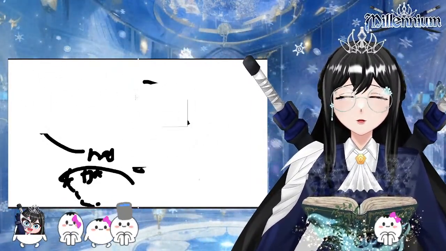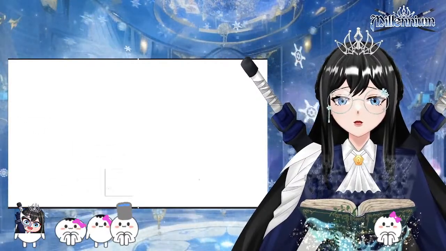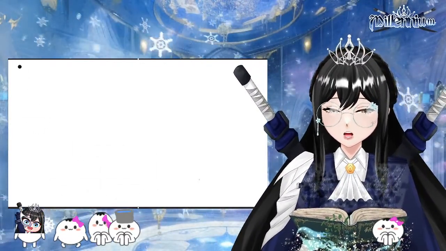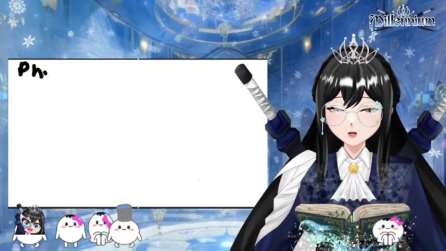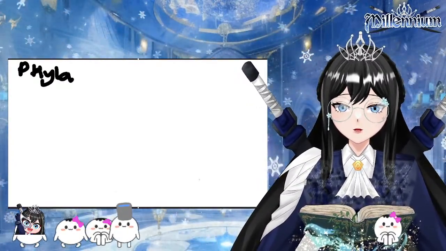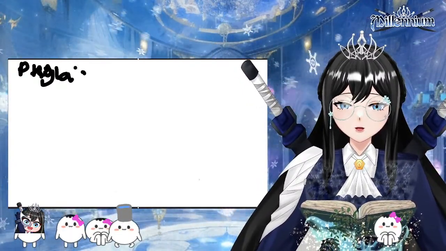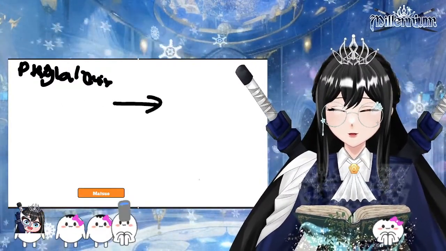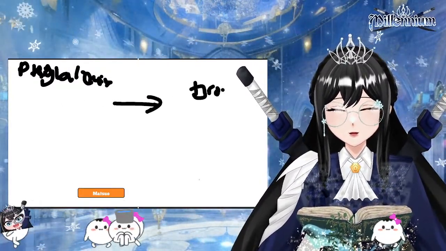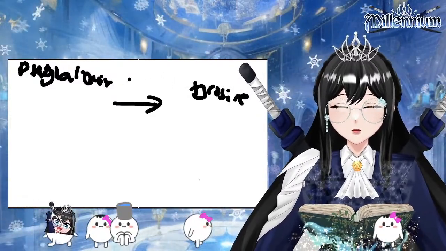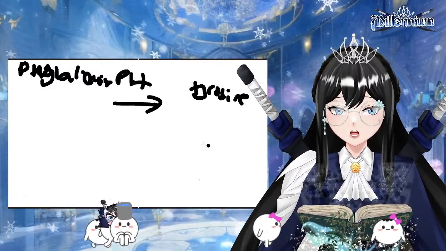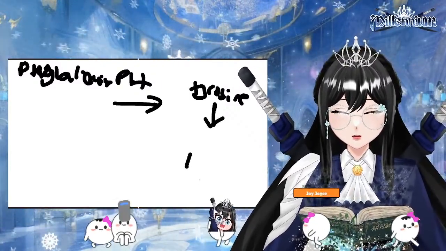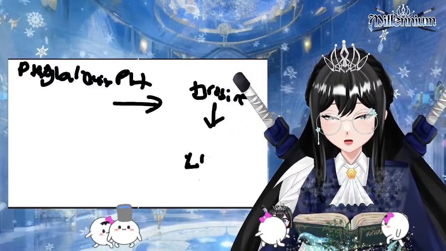So you have phenylalanine, which is converted into tyrosine via phenylalanine hydroxylase, and then you have tyrosine hydroxylase, which would make it into, I think, L-dopa.